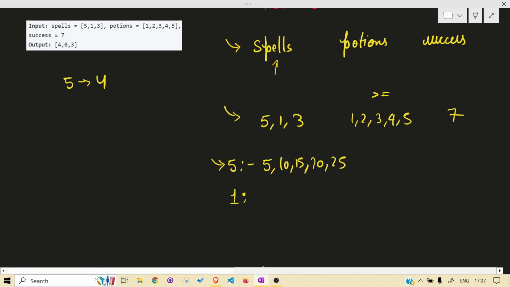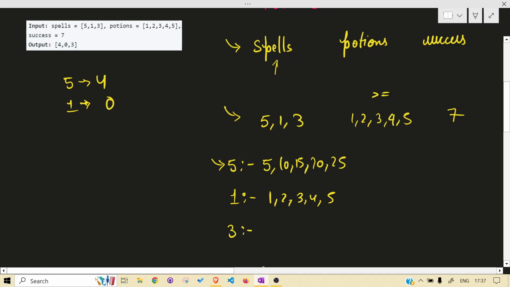We take 1 and multiply with everyone in the potion, so we will get this. Is there anyone greater than 7? No. So for the 1, I would say 0. If we take 3 and multiply with everyone in the potion, what do we get? 3, 6, 9, 12, and 15.